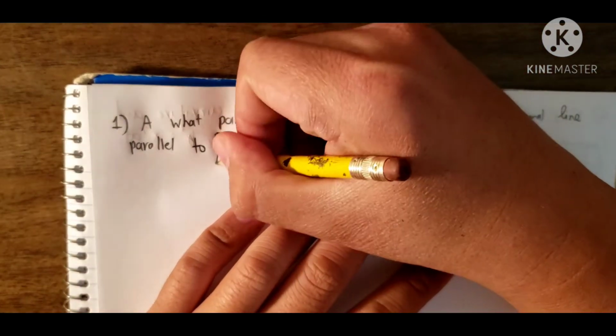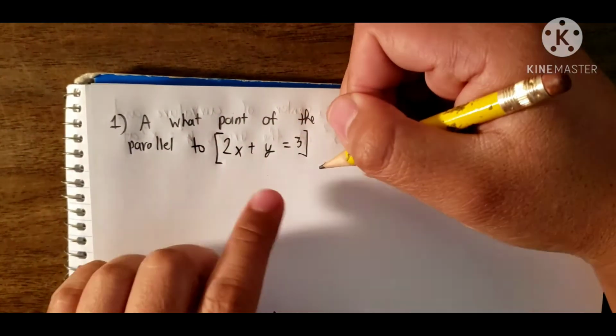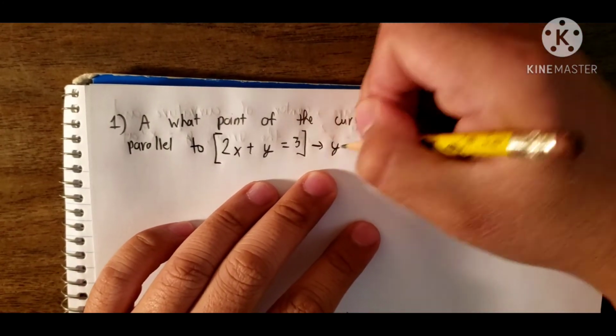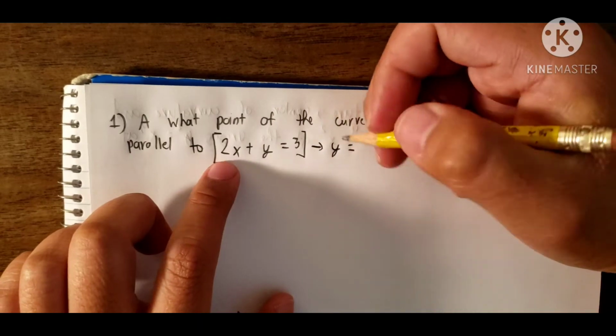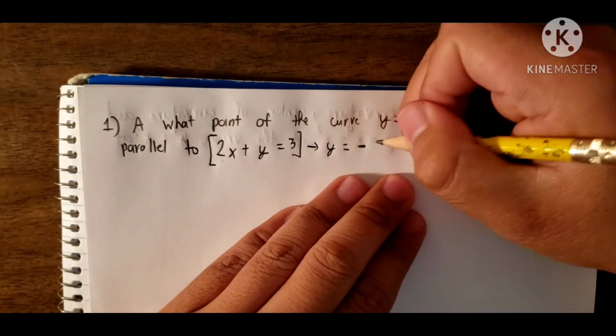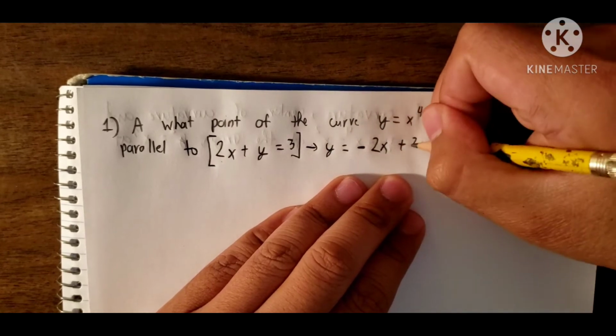So in this one, we need to find the equation of the y. We move the 2x to the right, so you get y equal to minus 2x plus 3.